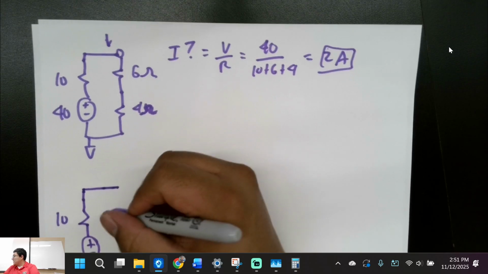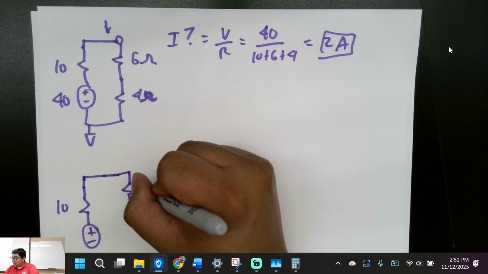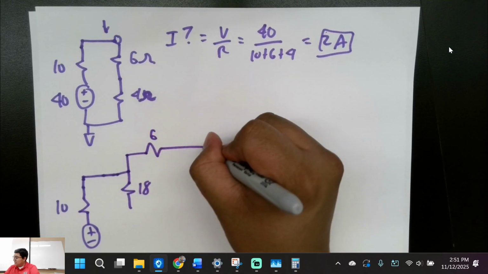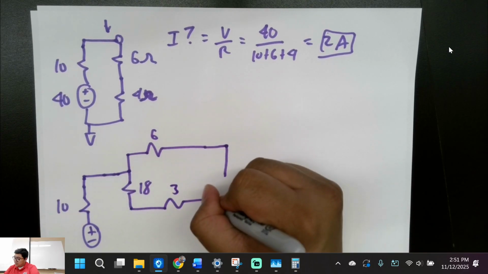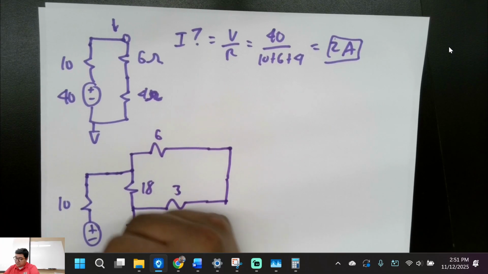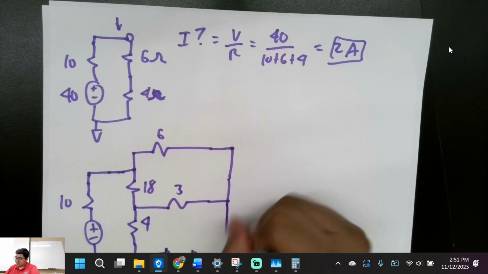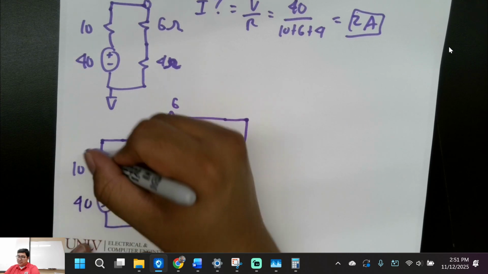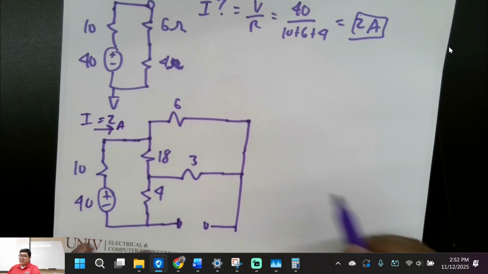And then let's just see, how do we want to simplify this? 18 ohms. 6 ohms. 3. There you go. And here's our 4. I'll just put these plus right here. Is that looking good? And we already know the total current going here, right? It's 2 amps, right? Is that good with everybody?